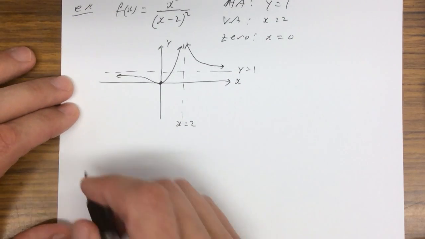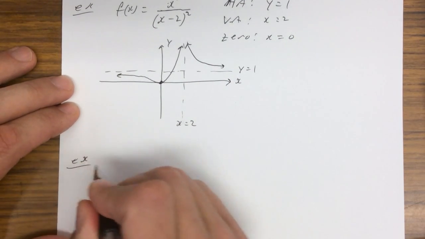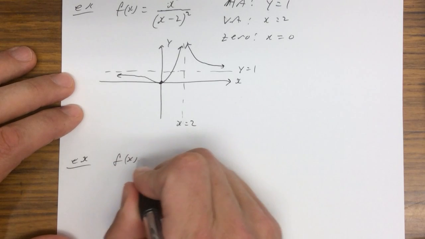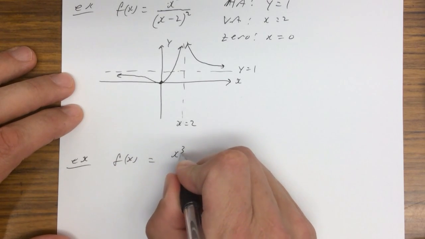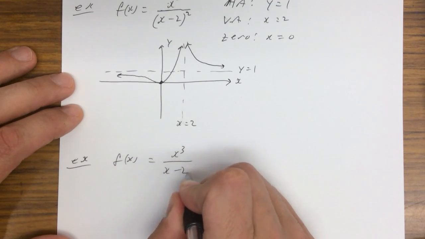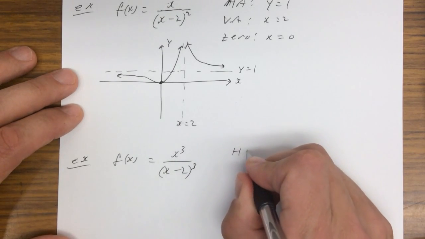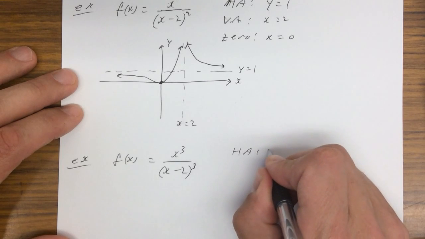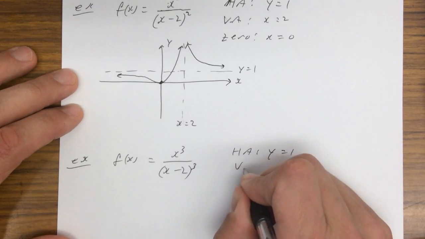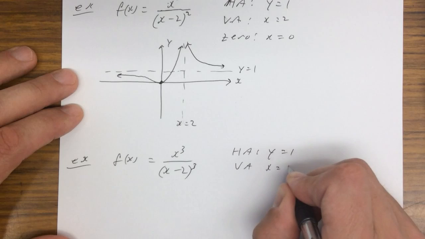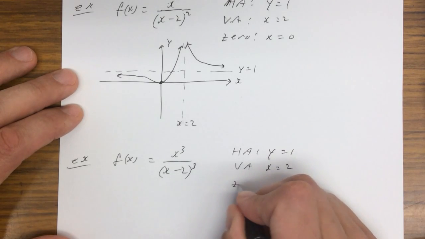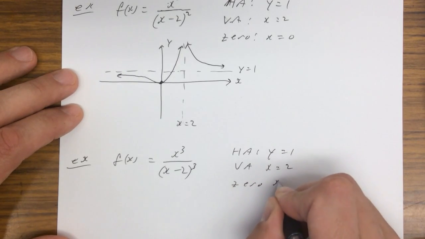Now let's take it one step further and look at what this would look like if it was cubed. So f of x equals x cubed over x minus 2 cubed. And all the same information: horizontal asymptote y equals 1, vertical asymptote x equals 2, and the 0 is x equal to 0.